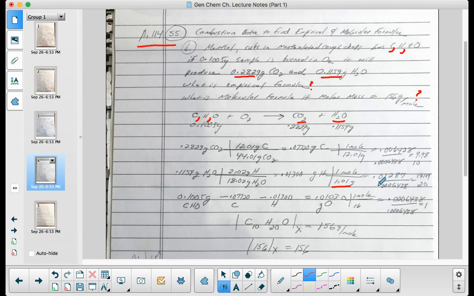Then I do that same process where I pick the smallest value, and the smallest value, oh, sorry, I missed a step. So then I have to find the oxygen.